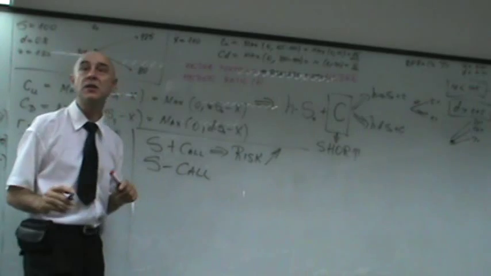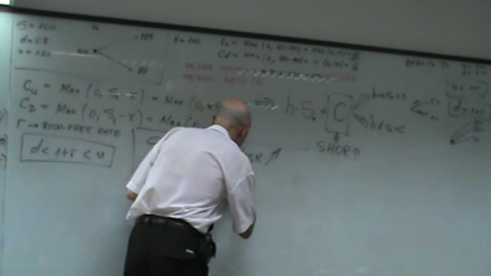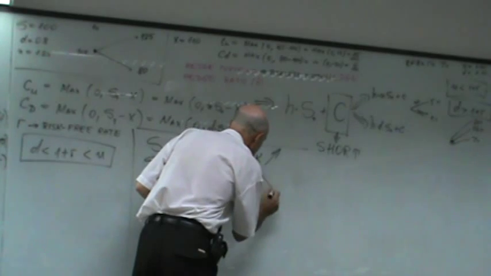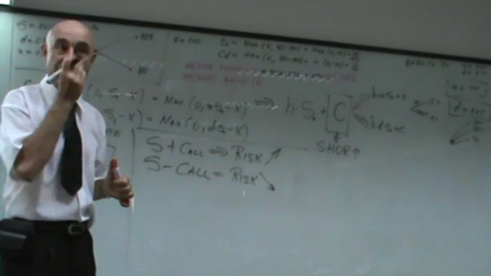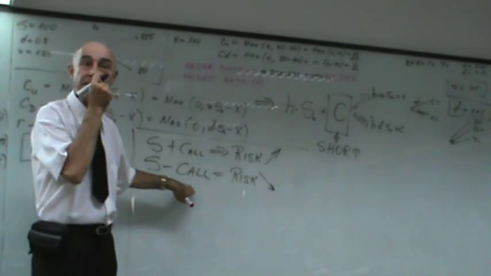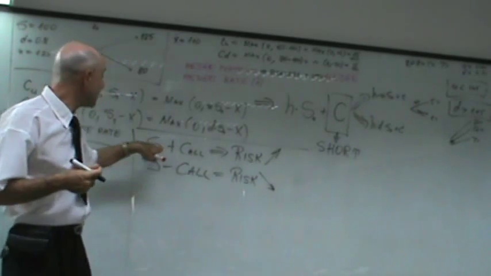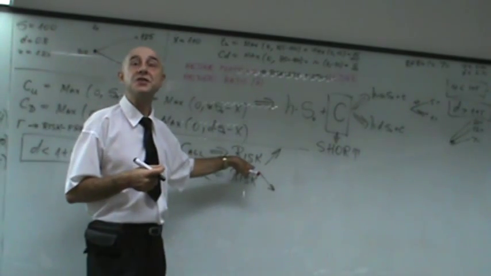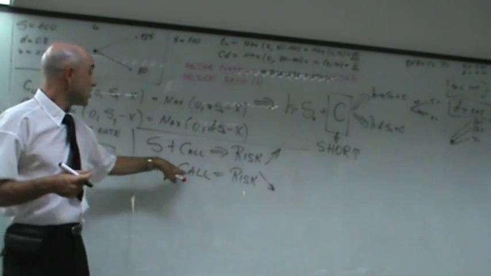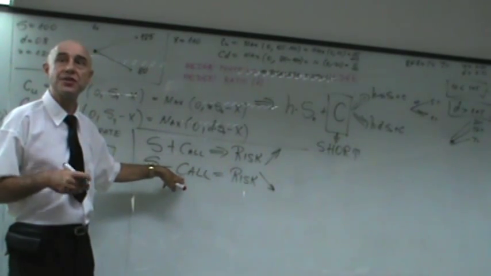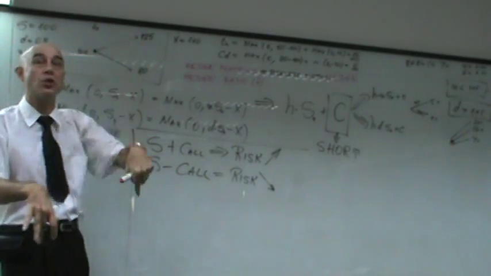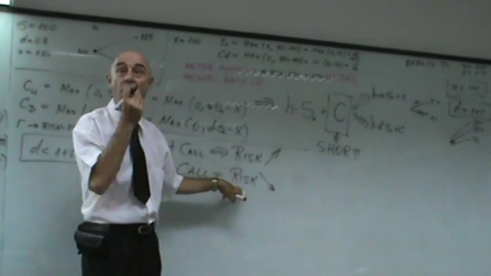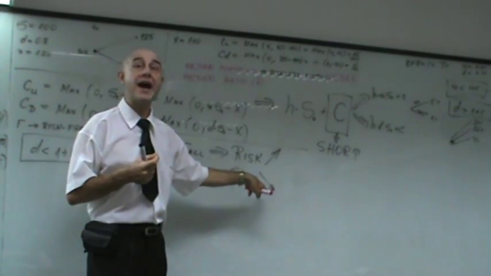A stock minus call results in risk going down. Is that part fairly clear so far? When you go long the call and long the stock, you're increasing your risk. When you go long the stock and short the call, it offsets. Stock goes up, call goes down. Stock goes down, call goes up. The risk overall goes down.